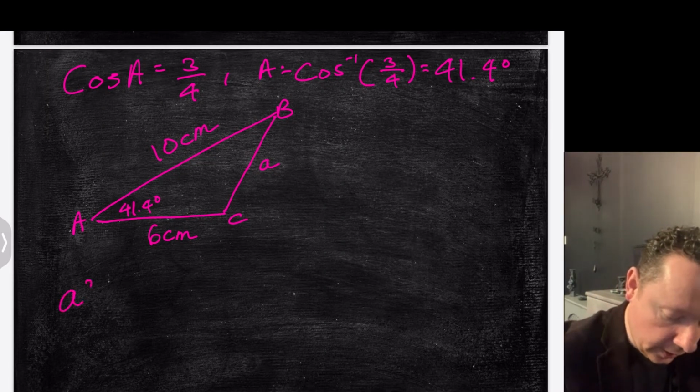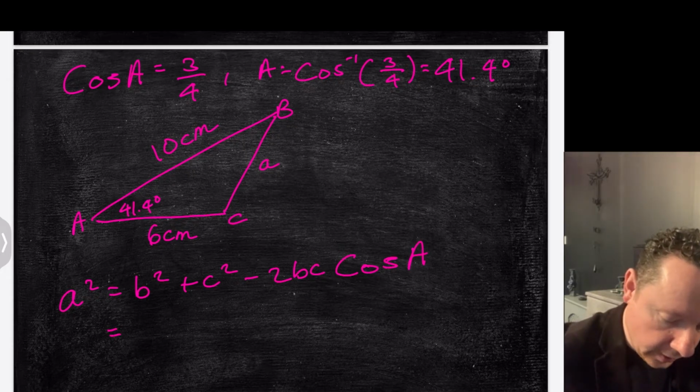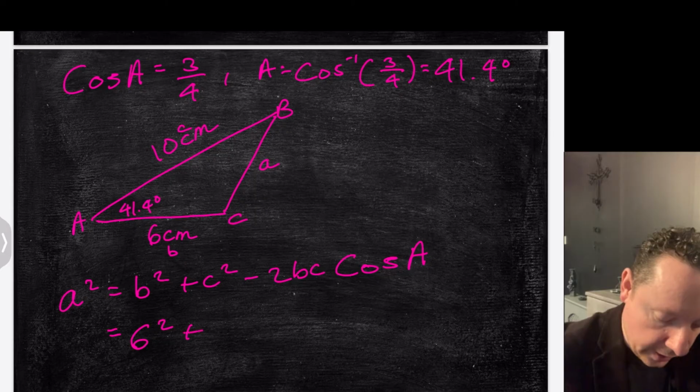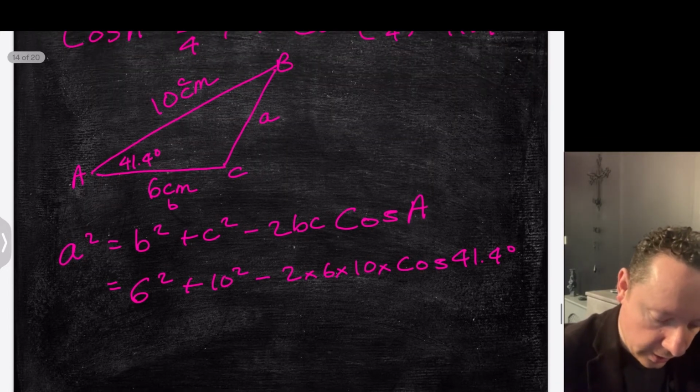A squared equals b squared plus c squared minus 2bc cos A. Subbing everything in, our b is this side here, and that's our c. So we have got 6 squared plus 10 squared minus 2 times 6 times 10 times cos 41.4 degrees. So we can now just get our calculator.